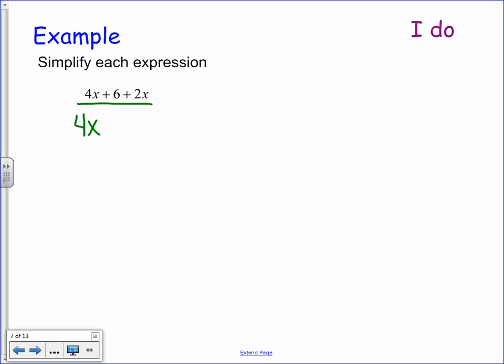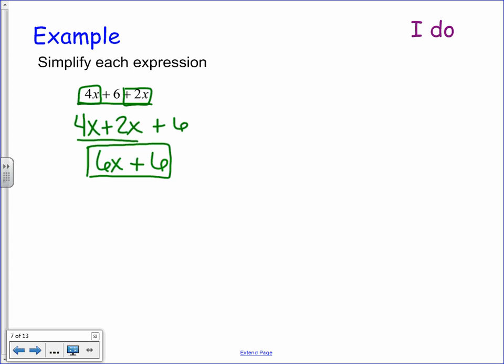In this case, I have like terms of 4x and 2x. So I'm going to write those like terms next to each other and add 6 at the end. Then I can combine 4x plus 2x, and when I do that, I just add the coefficients and I get 6x plus 6. And that's it.